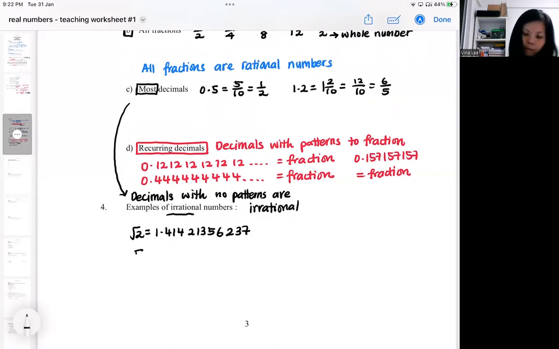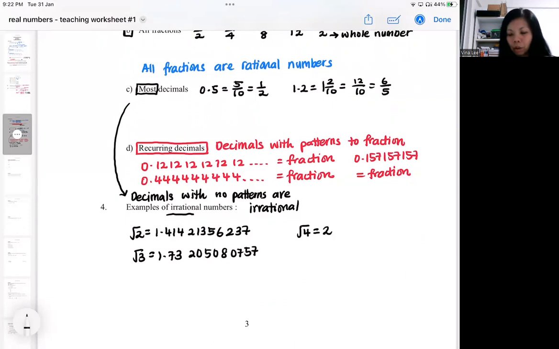But that doesn't mean it's all the square roots. If let's say you got square root 4, square root 4 is 2 over 1, so that is rational. So you must come to the part where the decimal has no pattern.